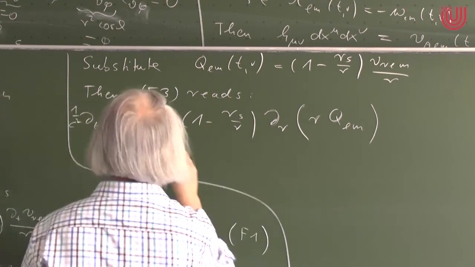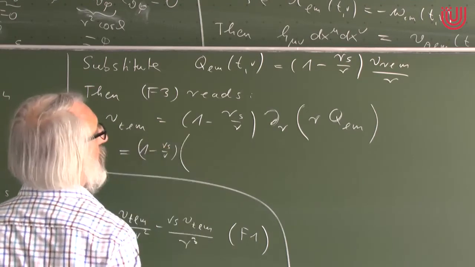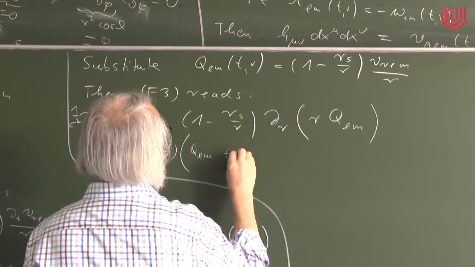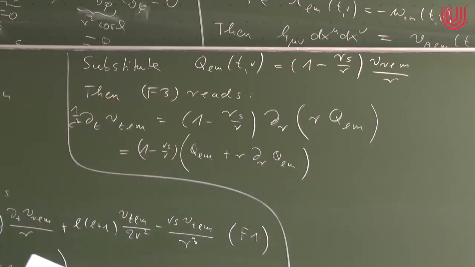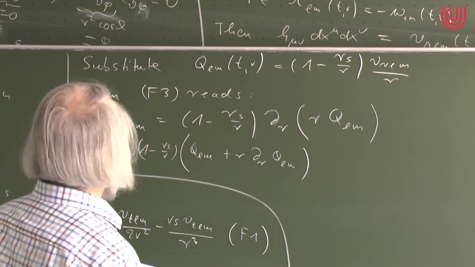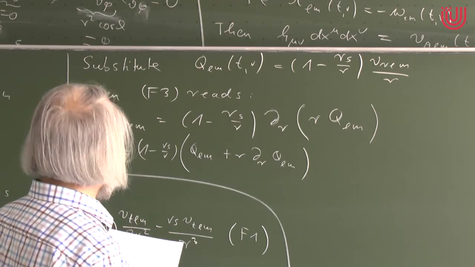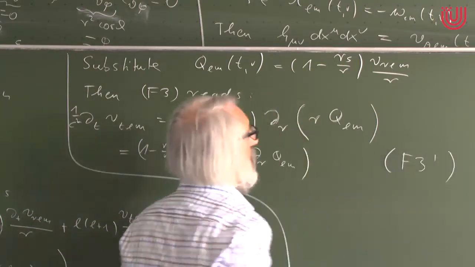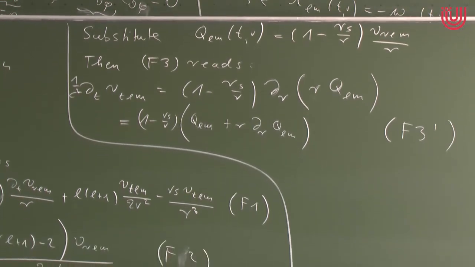Let me calculate the partial derivatives here. This gives 1 minus rs over r. If I differentiate the r, I get a QLM. And if I keep the r and differentiate this, I get this here. Okay? Yes. Okay. This is 1 minus r QLM minus rs. Yes, fine. So this is what I call F3 prime. It's still the same equation as F3. I've just introduced a new variable.